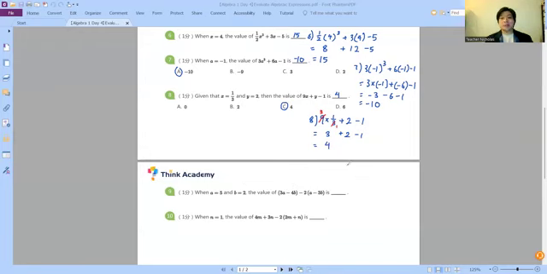Okay, so here goes. For question 9, I'm going to write my solution down here. So first, let me simplify and remove the parentheses. It'll be 3a minus 4b.